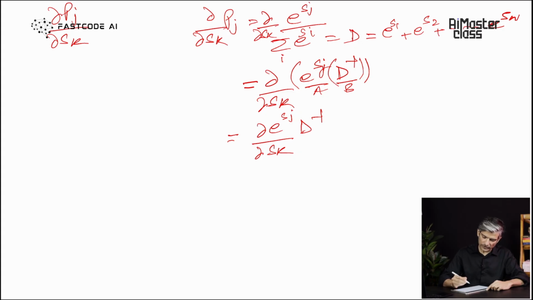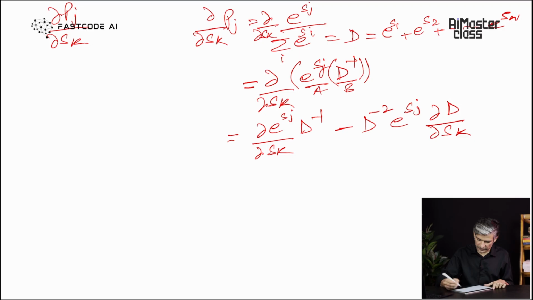And when we differentiate, let's say, x to the power minus 1, it becomes minus x to the power minus 2. So let's do that: minus d to the power minus 2, and this term, the e to the power sj term, comes as is, and then we also have the derivative of d with respect to sk, right? So this is the derivative of d with respect to sk.